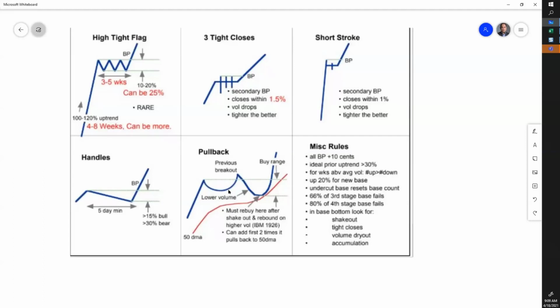So yun yung mga caveats nila when trading base structures. But for now, we're just trying to refine our understanding on how to identify base structures and how to scan for them, how to trade them, and whatnot.